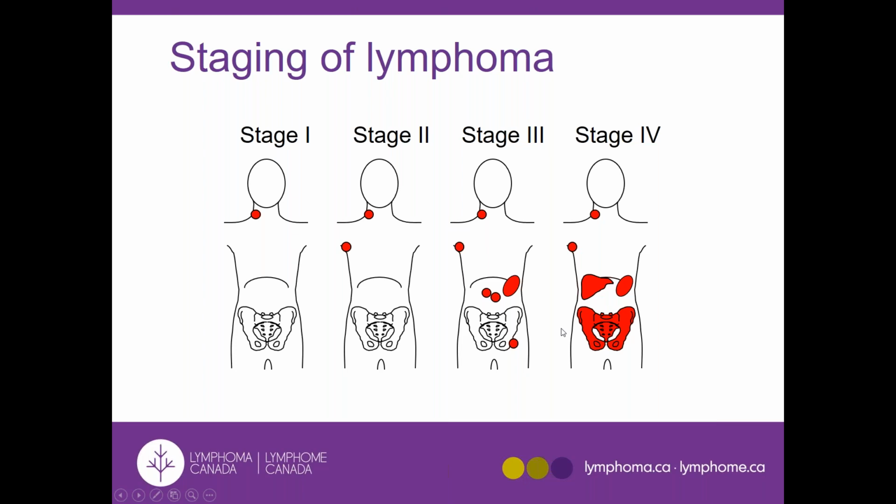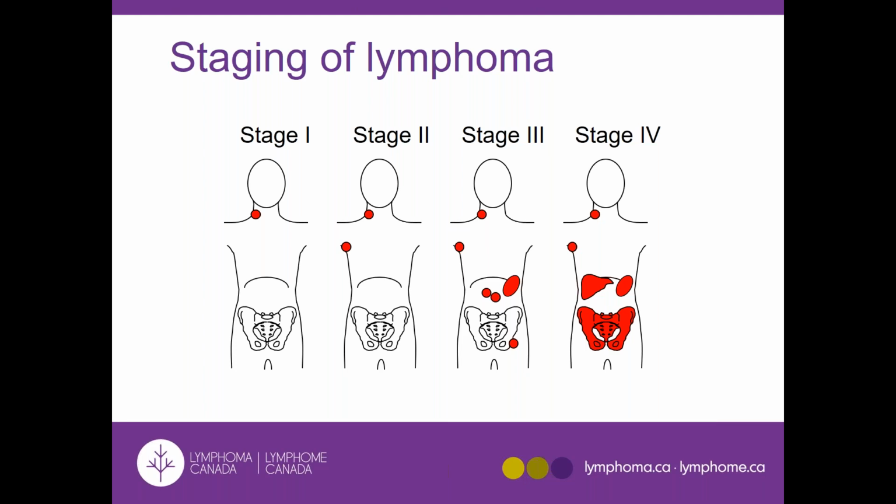However, very important to point out, and I highlight this for patients all the time, that stage 4 disease in lymphoma can be quite different than in other cancers such as lung cancer or colon cancer, in that we still have a very good chance of treatment response, whether it's cure with a more aggressive lymphoma or putting it in remission or getting rid of it with slower growing lymphomas.